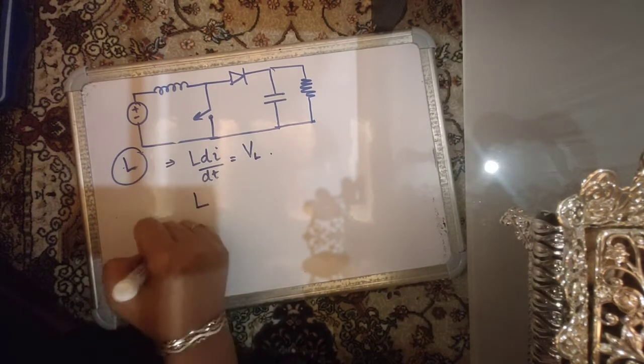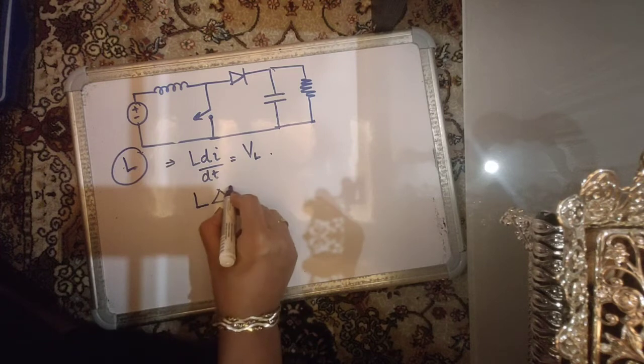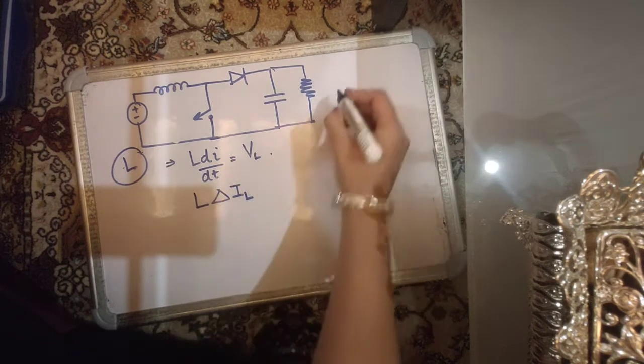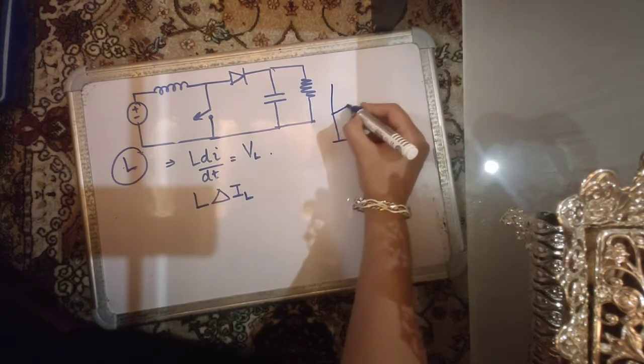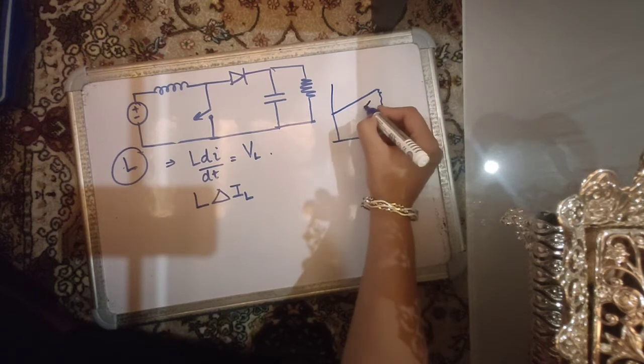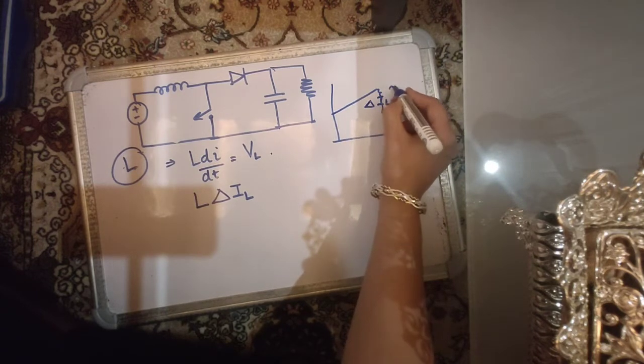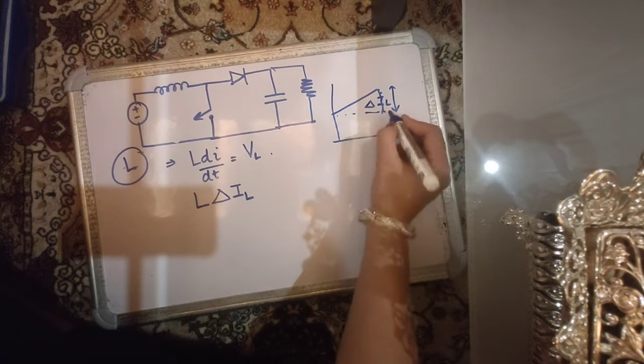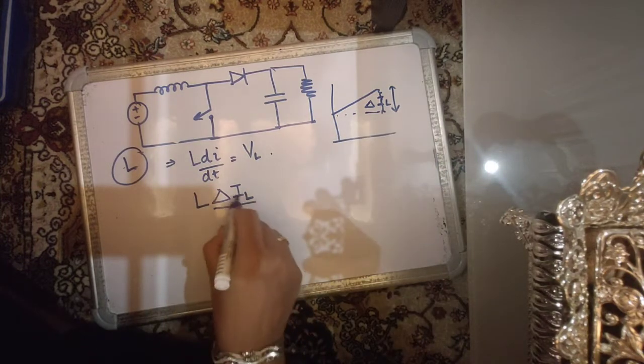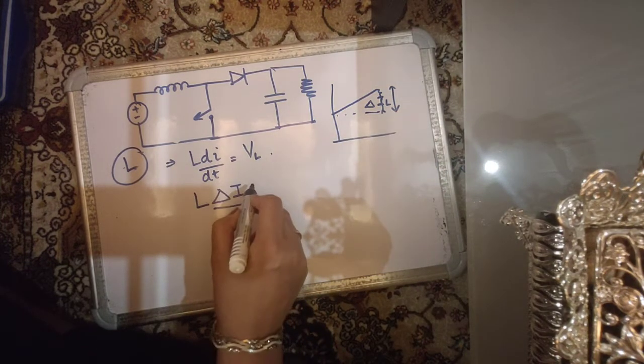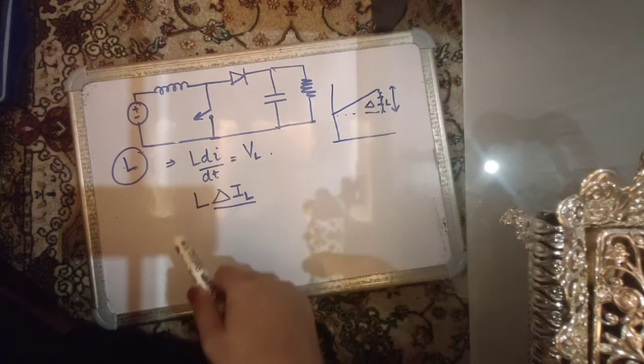So उस टाइम पे आपके इंडक्टर में एनर्जी स्टोर हो रही होती है और आपका जो इंडक्टर है वो करंट जो है वो राइज हो रही होती है, और टोटल राइज इन करंट पीक टू पीक डेल्टा IL होता है. ठीक, तो that is peak to peak ripple, that is net change in current during this interval, that is equal to delta IL.